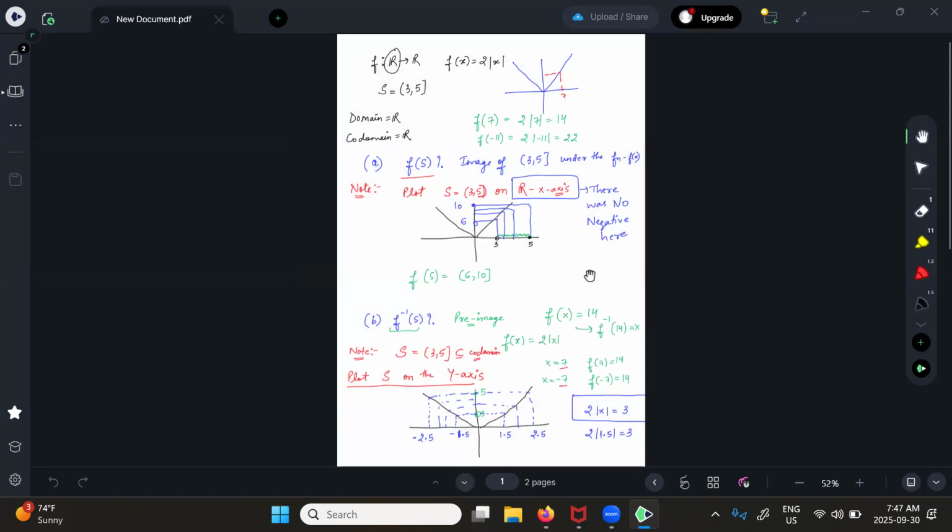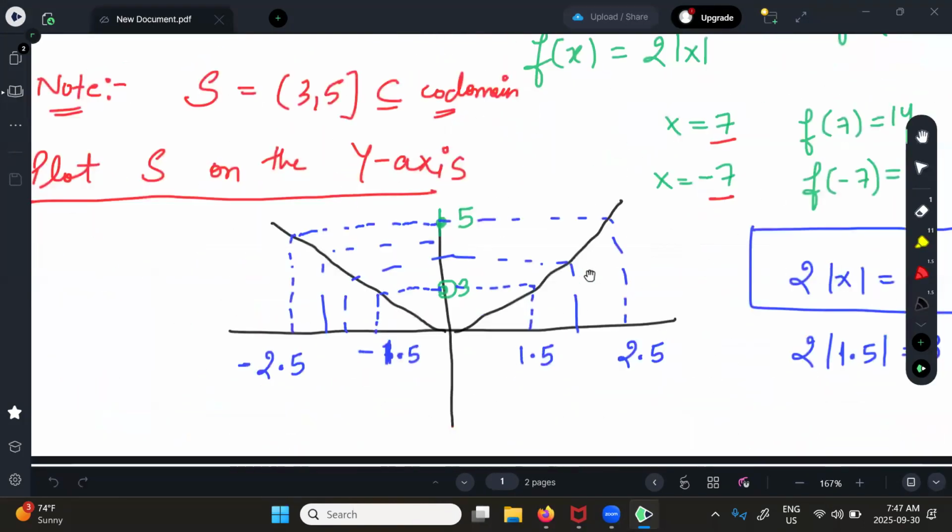Okay, so we were in this question and I was trying to explain this to you guys, right? This is the area we plot when we're looking for pre-image. So it matters that you have to look for all possible x values on both sides that might give me this y-axis. Now, what are those x values?